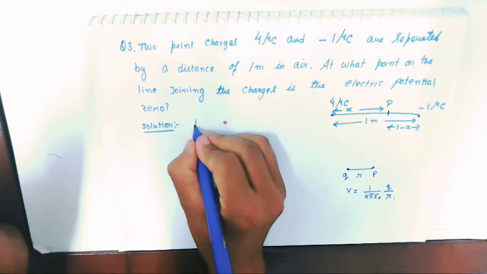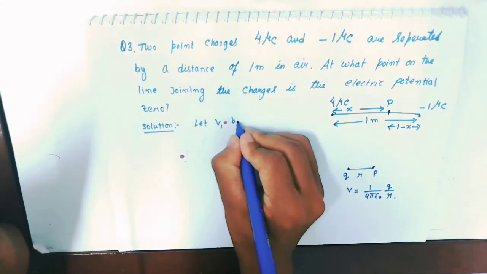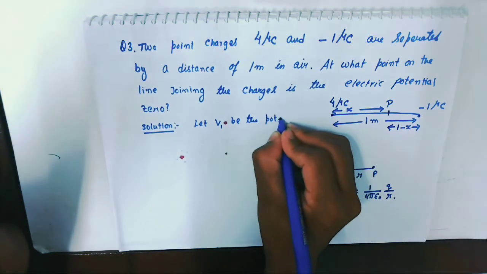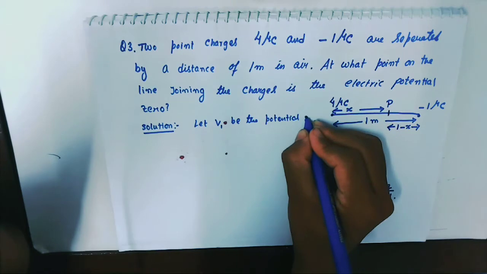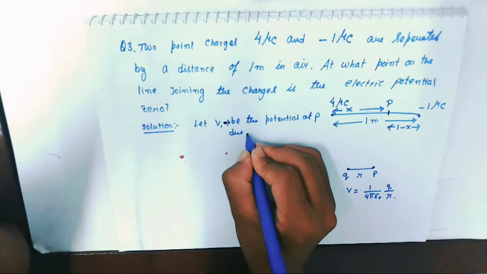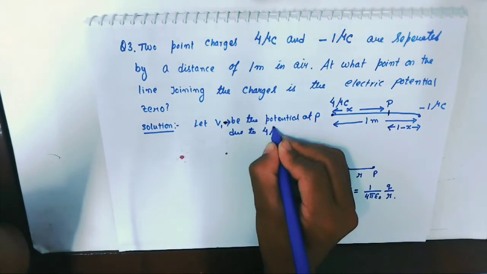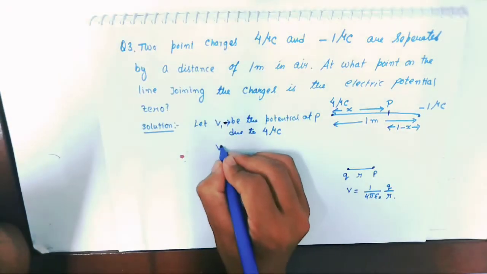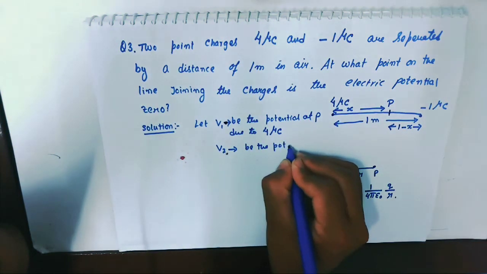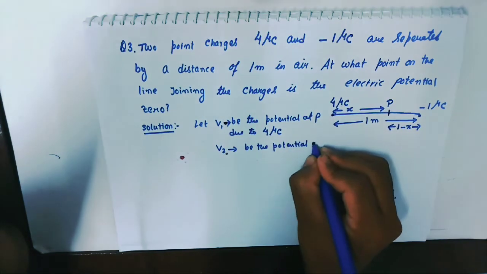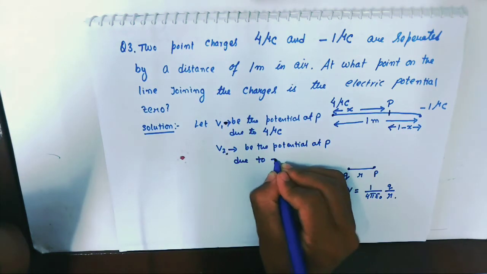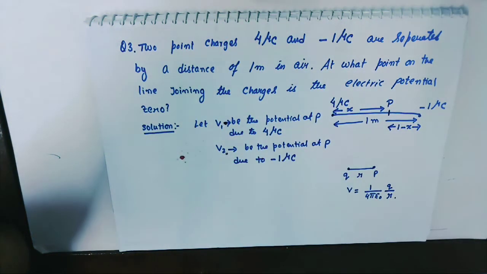So here, let V1 be the potential at P due to 4 microcoulomb, and V2 be the potential at P due to minus 1 microcoulomb.